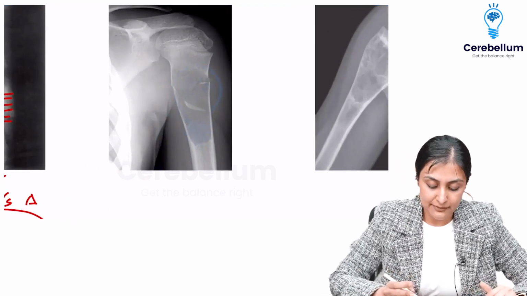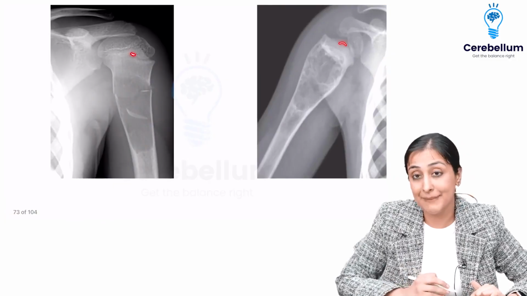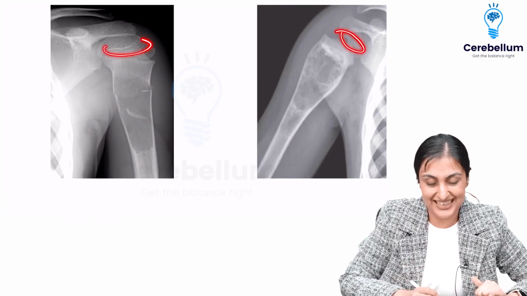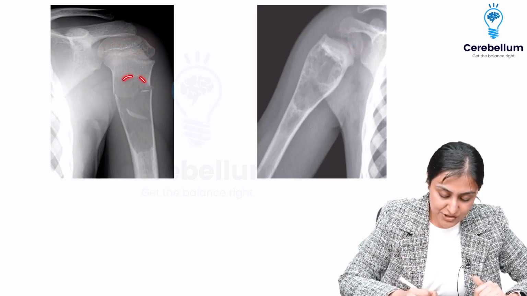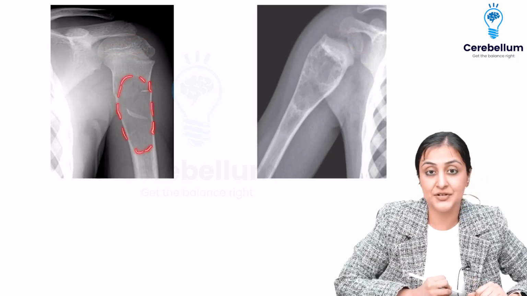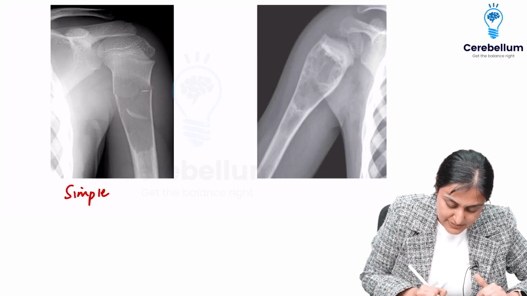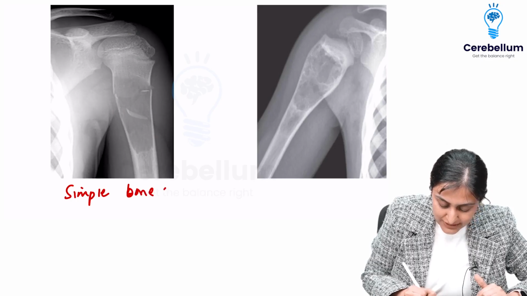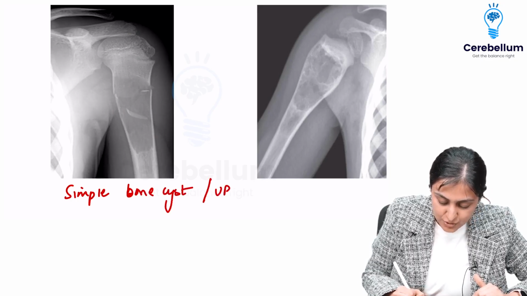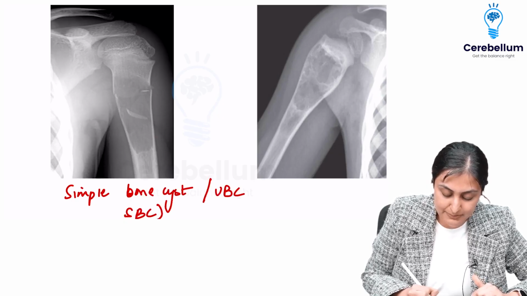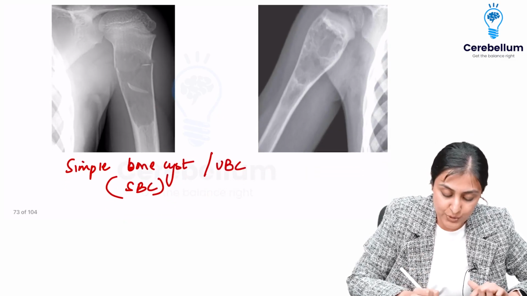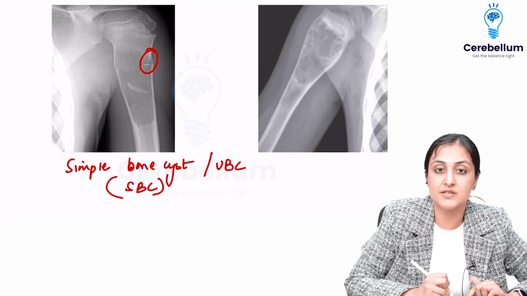2 cysts that you can see here. Here you can see, first of all, in both of these that they are metaphyseal. The growth plate is not yet fused. Look at this lesion. You don't see any matrix here. So this is a simple bone cyst, SBC, also called a unicameral bone cyst. So SBC or UBC may be mentioned here. And what you can also see associated with it is a fracture.